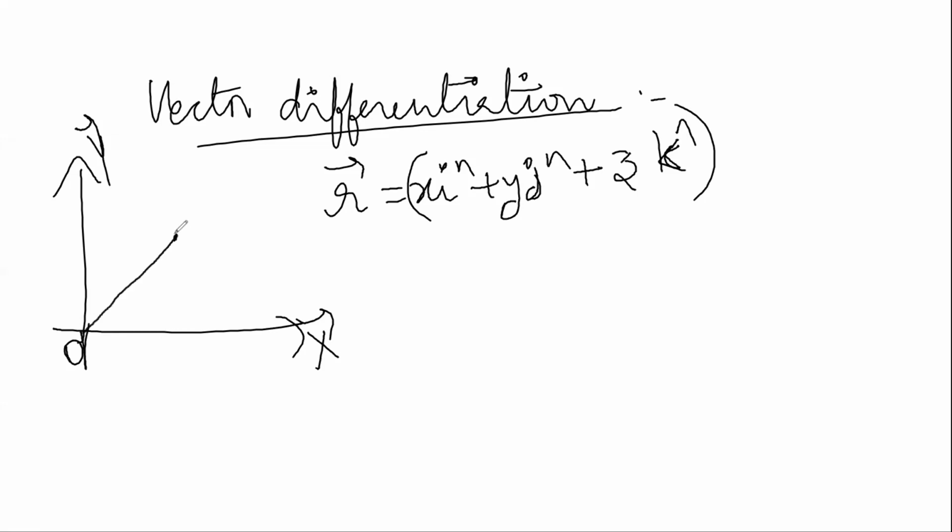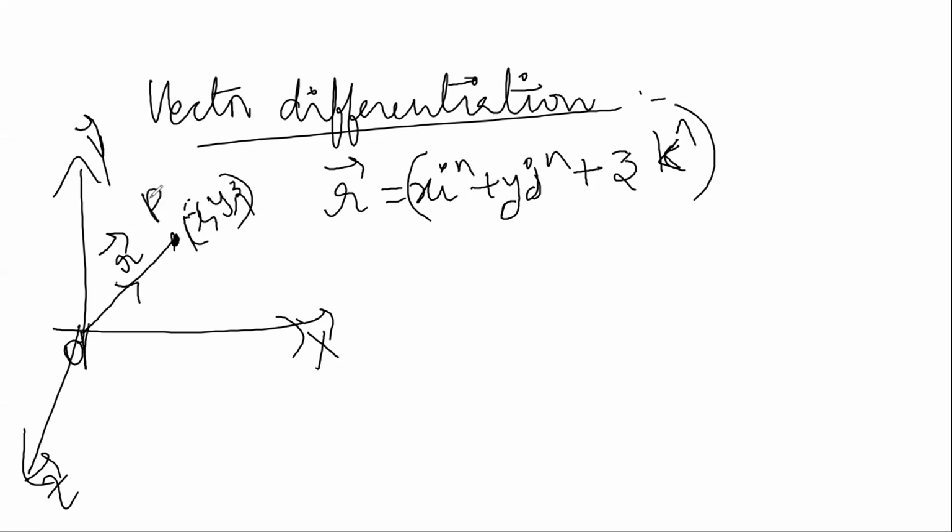The distance from origin to this point is r bar. The coordinates of that point are x and y. This is a two-dimensional plane I'm drawing. If you take z also, we have x, y, z somewhere in the air, not in the xy plane, in this three-dimensional system.